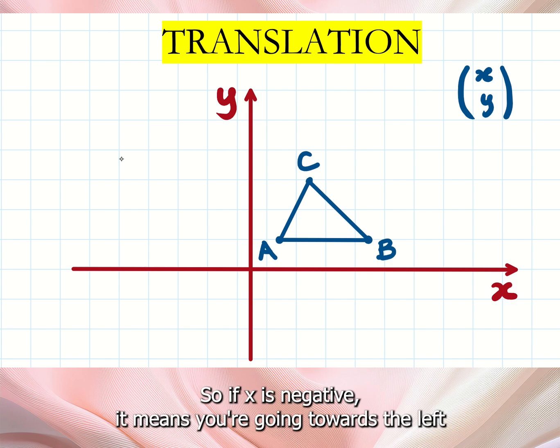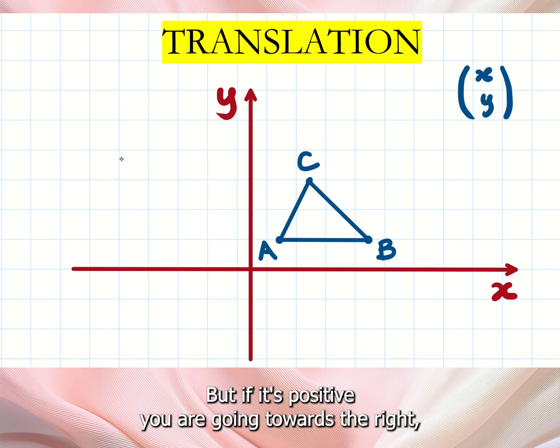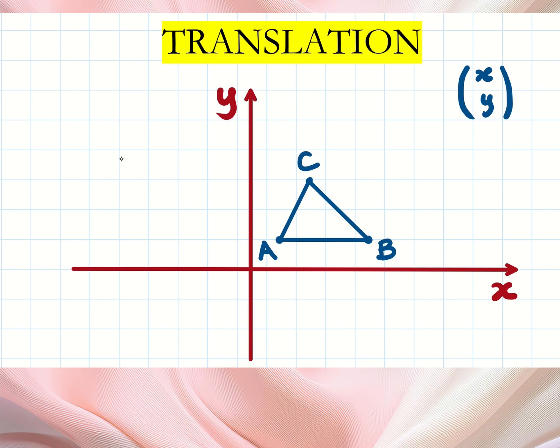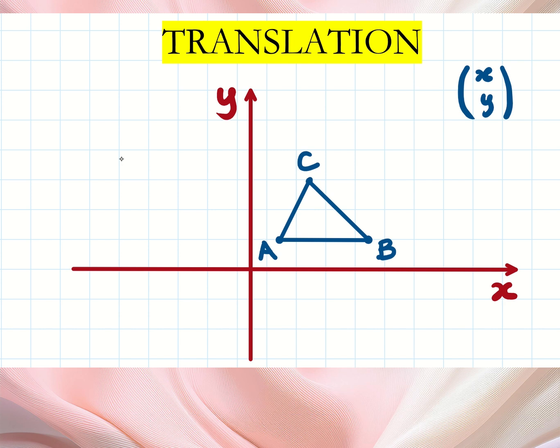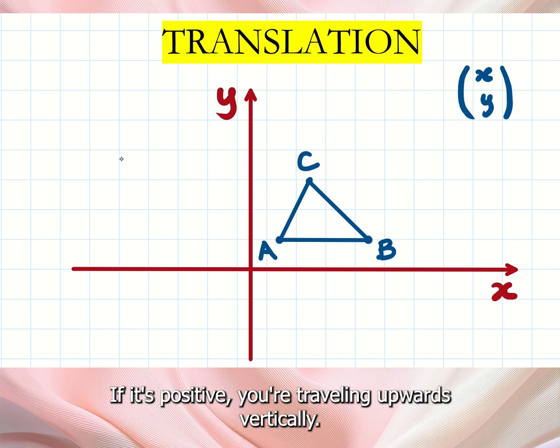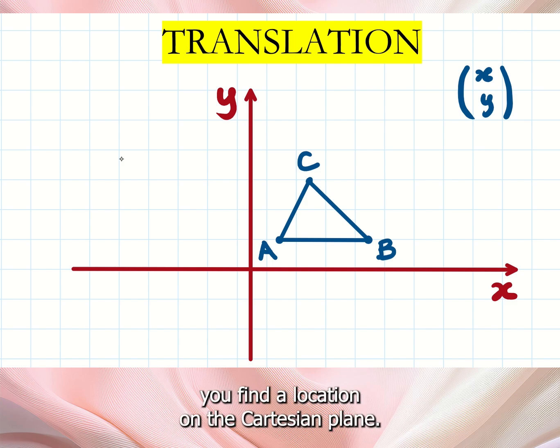So if x is negative, it means you're going towards the left and you're traveling horizontally. But if it's positive, you are going towards the right. For y, if it's negative, you are traveling downwards vertically. If it's positive, you're traveling upwards vertically. Both, when combined, will help you find a location on the Cartesian plane.